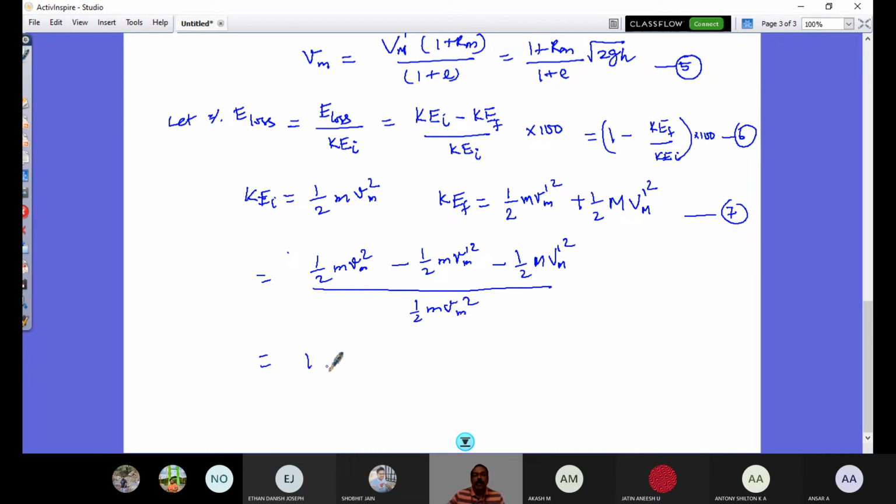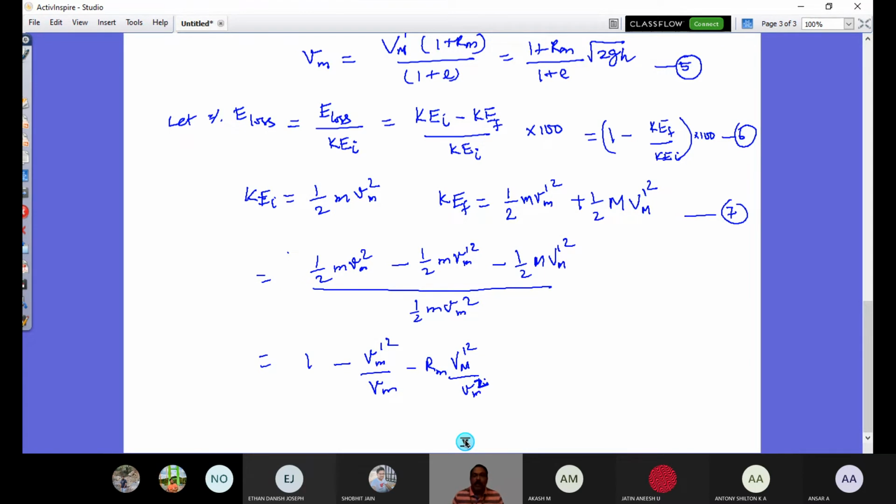So this is going to be 1 minus Vm dash square by Vm square. And when I divide with the third term, the half goes, m by m becomes Rm, and V capital M dash square by small Vm square. So this is the expression.